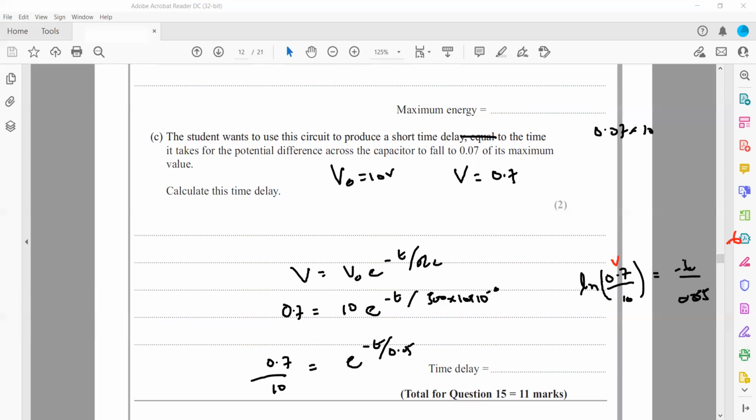When we substitute the values, it comes out as 0.13. So T is equal to 0.13 seconds. Is it clear? Any discussion?